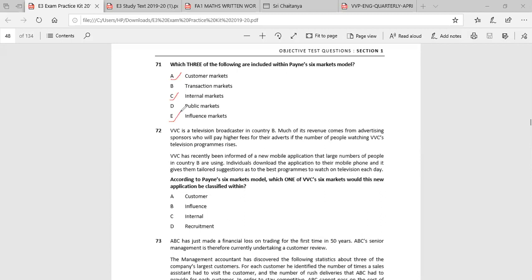Not all, only ACE. Transaction markets are transaction marketing, that's not part of it. Public markets are not part of Penny's model. It is only ACE.